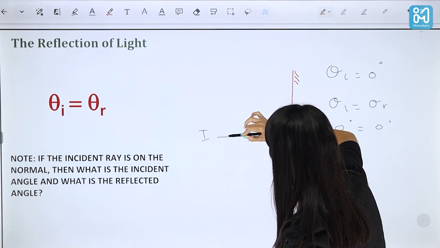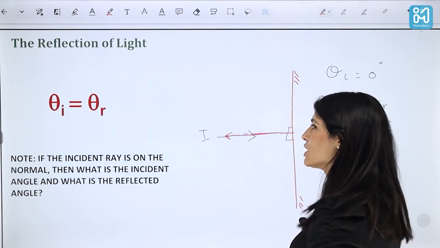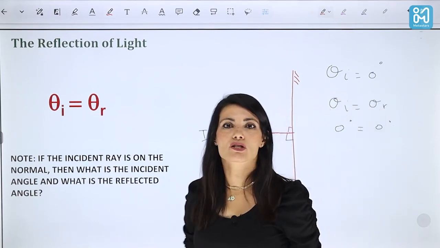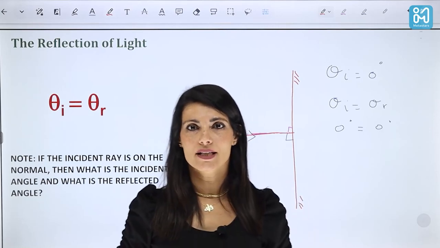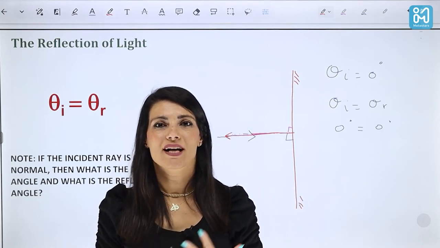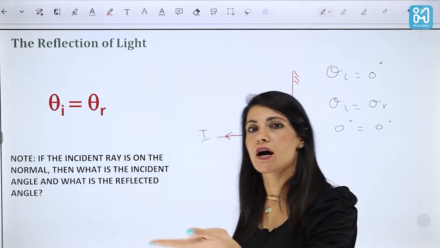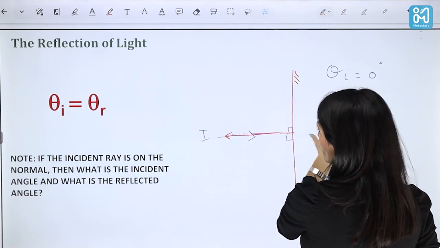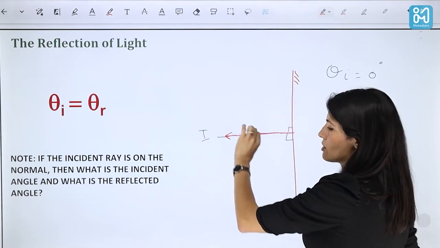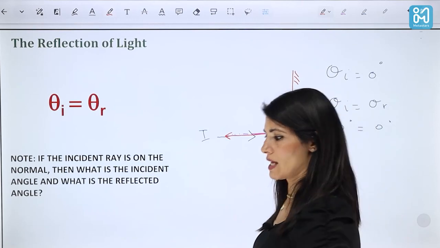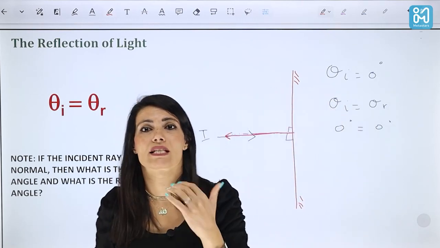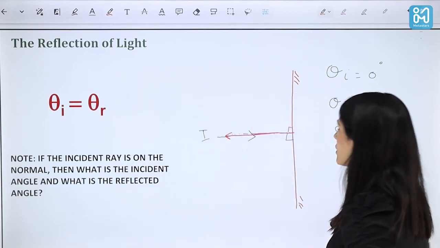It will be reflected on itself. So when the incident ray is on the normal, the incident angle is 0, the reflected angle is 0, and the incident ray and reflected ray are on the same path, or we say that the incident ray is reflected on itself. Here, as you can see.